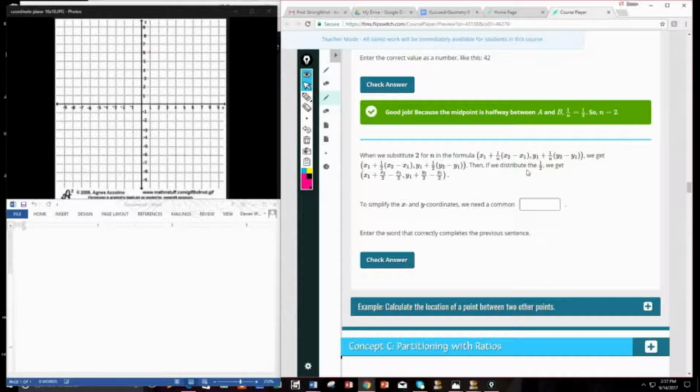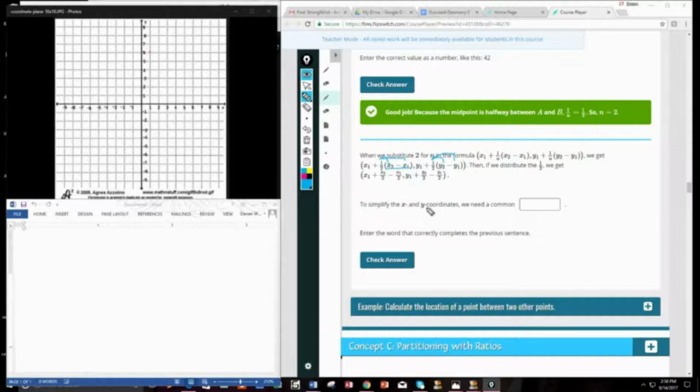Then if we distribute the 1/2, they multiplied everything in the parentheses right here by 1/2. That is something we can do. So 1/2 times x sub 2 is x sub 2 divided by 2, minus x1 times 1/2 is x1 divided by 2, plus, and then they did the same thing for the y coordinates.